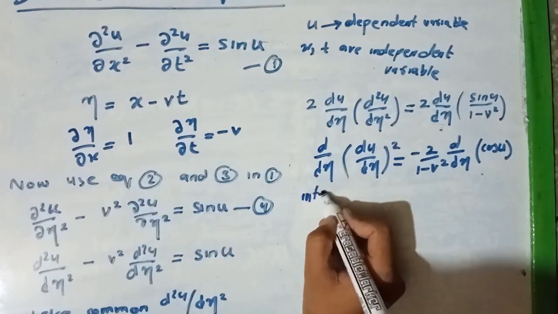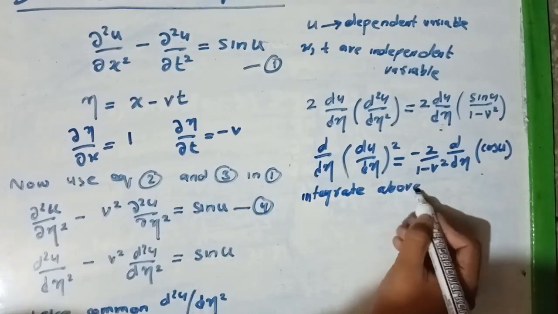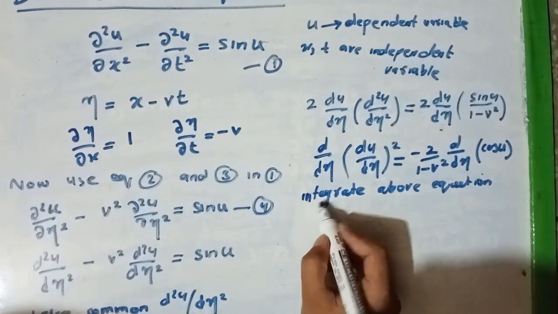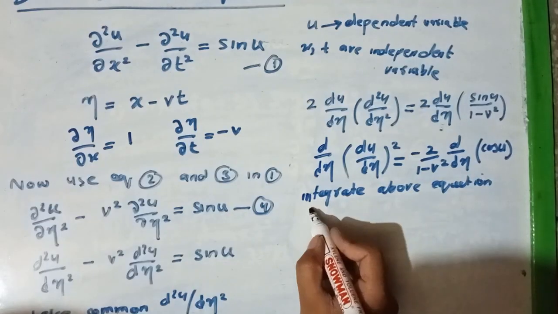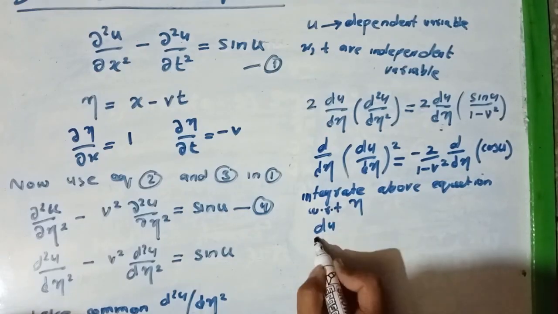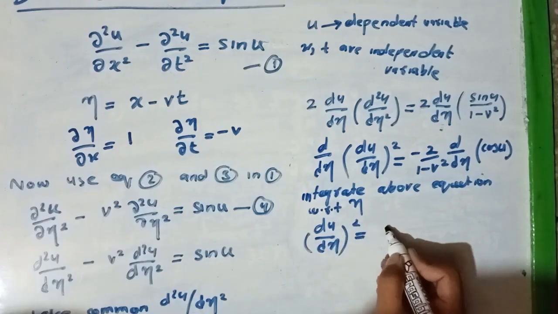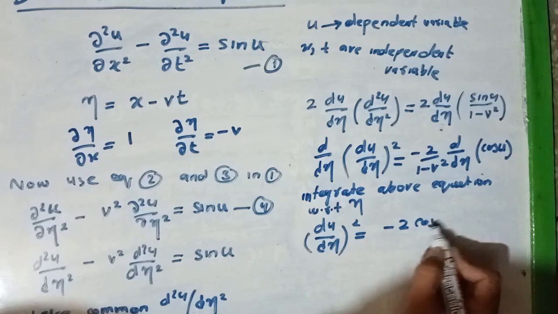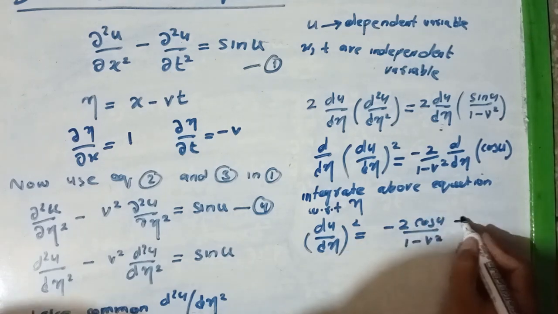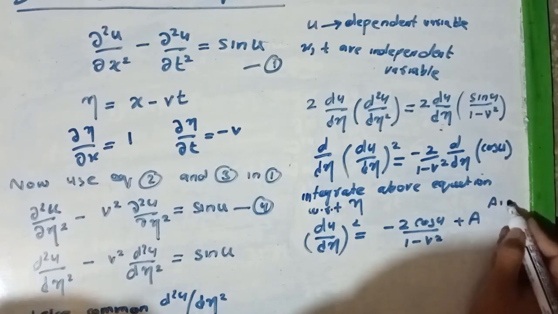Now integrate the above equation with respect to η. So (du/dη)² is equal to −2 cos u over (1 − v²) plus a, where a is the constant of integration.